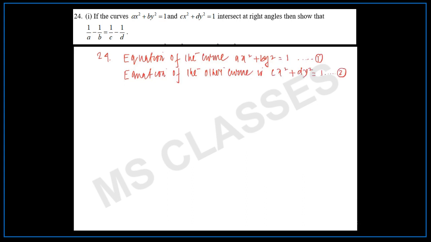Now here we take the point of contact, the point of intersection P, as x1, y1.